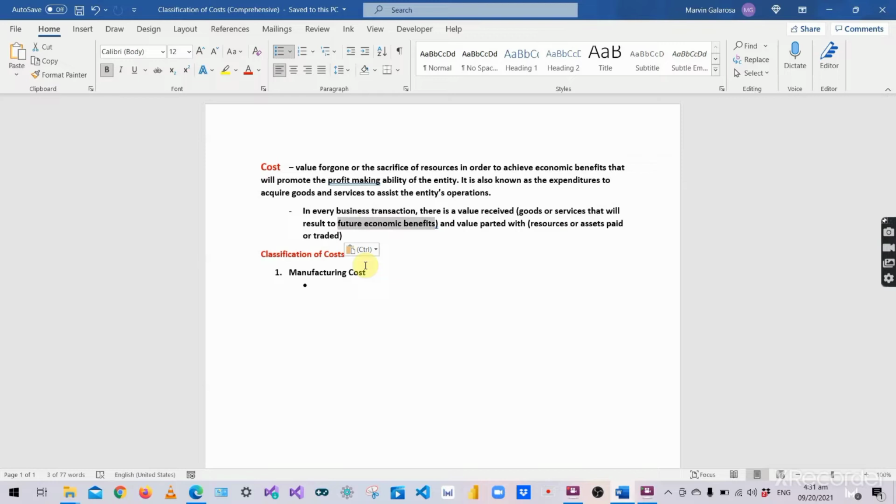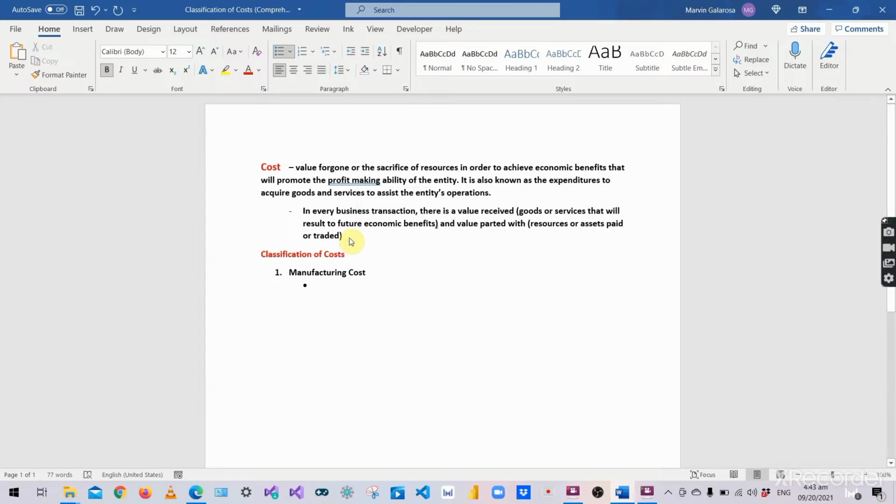Ano naman yung value parted with na tinutukoy natin? O yung resources or asset paid or traded. Siyempre, hindi naman libre lahat. Pag nag-render ng service si employees, dapat sasahuran mo siya. So, ang tinutukoy natin na value parted with in that case is the salaries of the employees, which you will pay with cash.